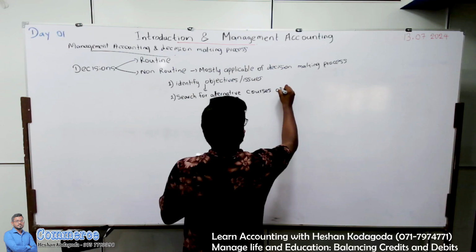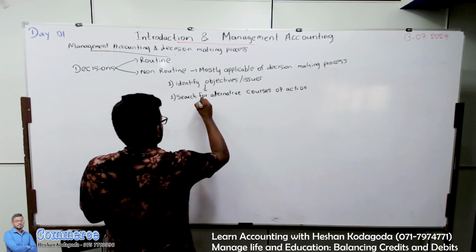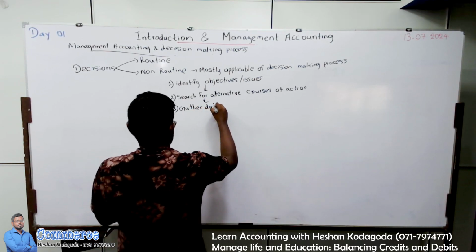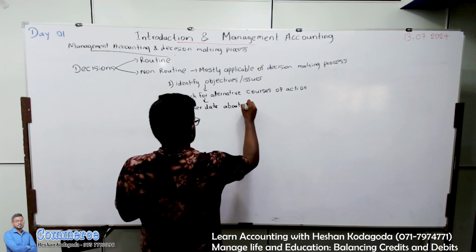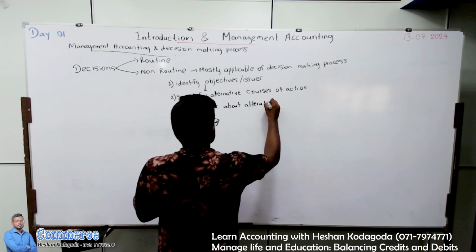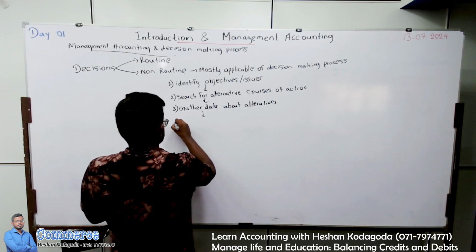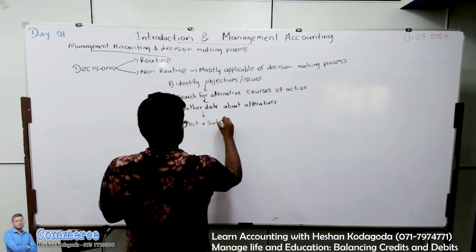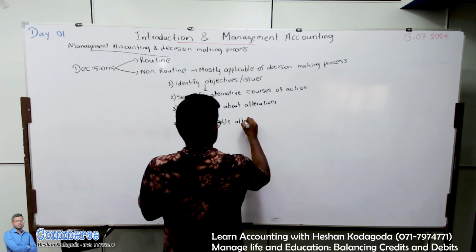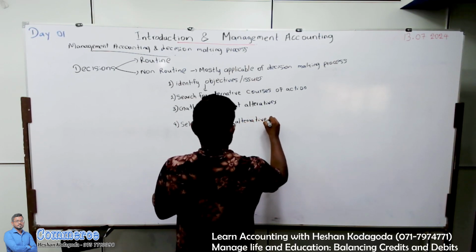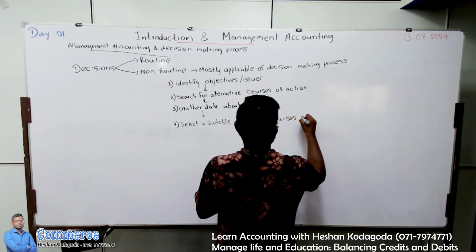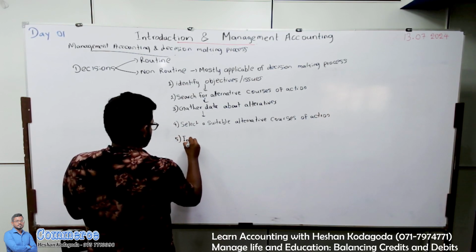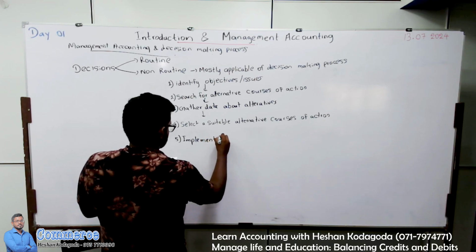Number 3, gather data about alternatives. Number 4, select a suitable alternative course of action. Number 5, implement the decision.